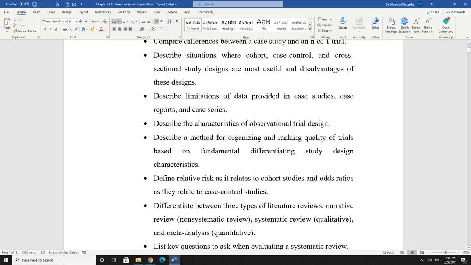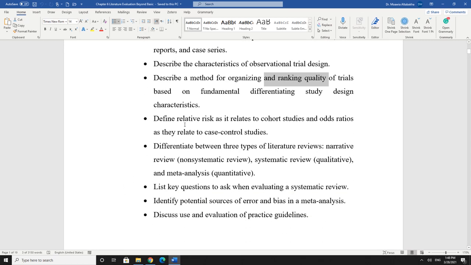Okay, describe how we can organize and rank. This is very important, ranking of the trials or studies based on their strength. So which one is the strongest as to provide evidence, which one is the weakest, etc.